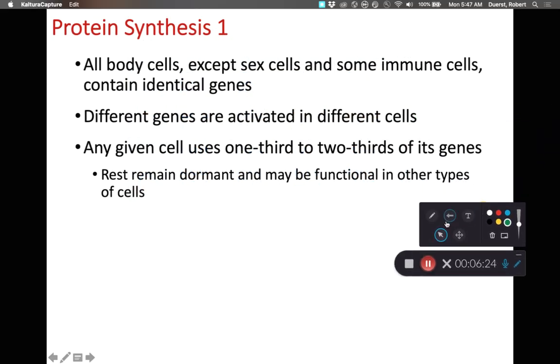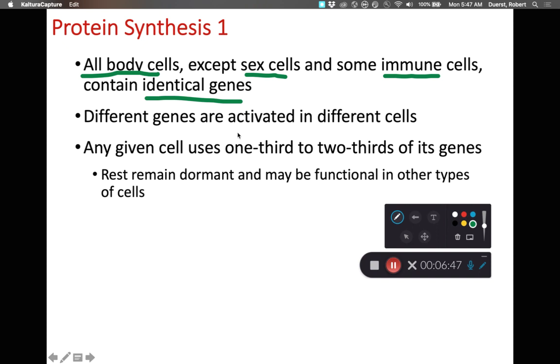During this process, we are going to synthesize proteins, and we need to synthesize proteins in all body cells, except for a few of our sex cells and a few of our immune cells, which all contain identical genes. Different genes are activated in different cells at different times throughout the cell cycle, and also in response to different stimuli.